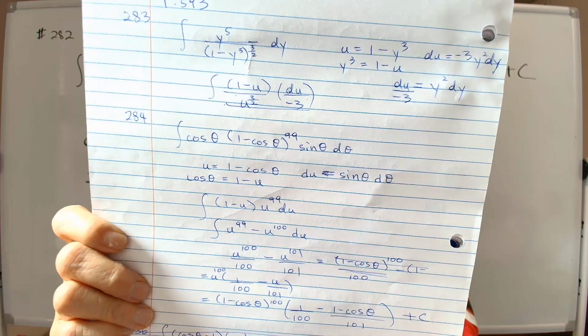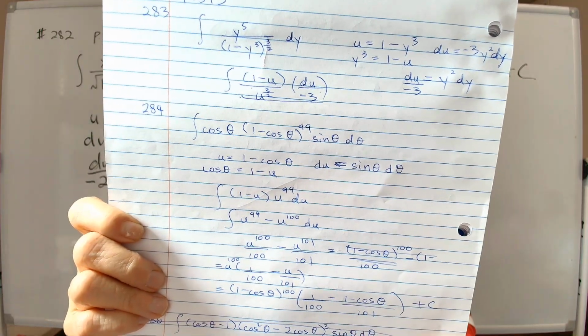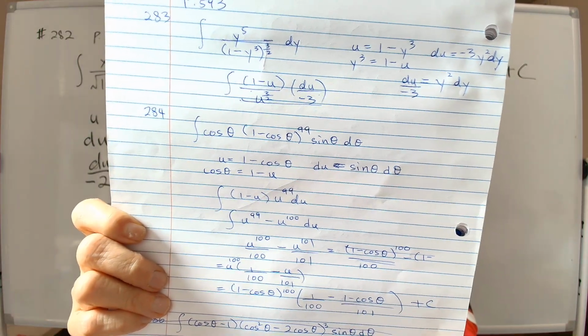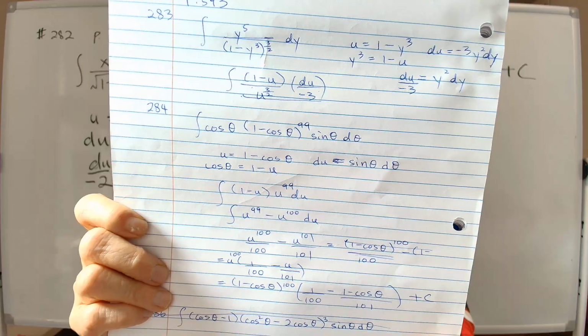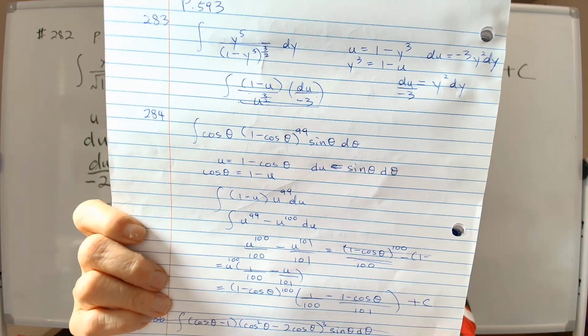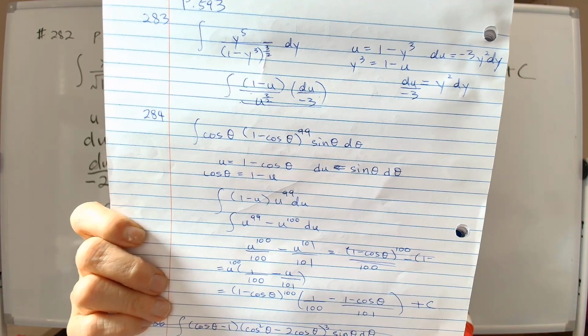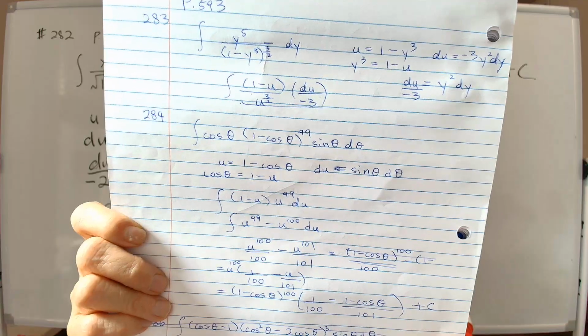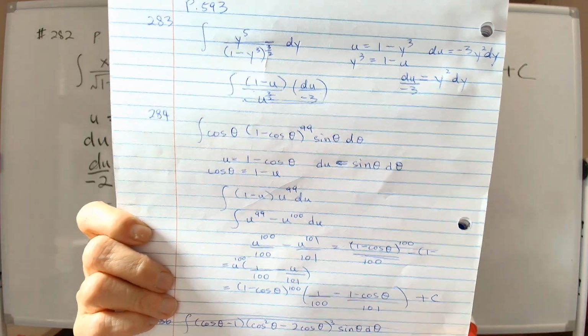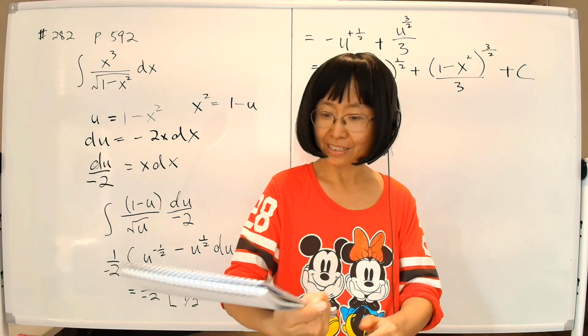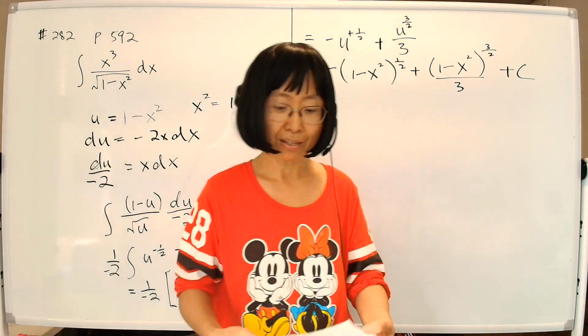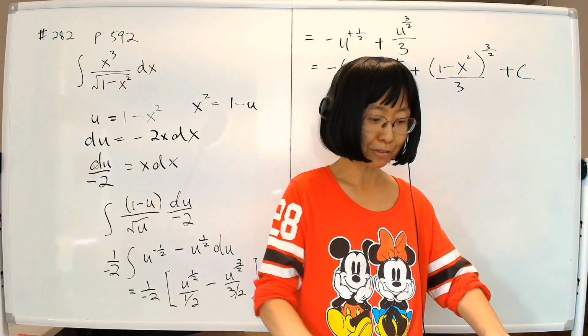You also calculate y cubed equals 1 minus u. There's y to the fifth on top, so you have y cubed, and du is 3y squared. So between the squared and the cube, you get the y to the fifth and make everything fit. And then you work on the rest of it. I didn't finish that one, but the substitution part is most important.